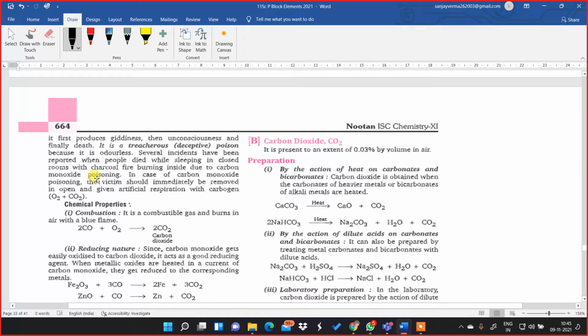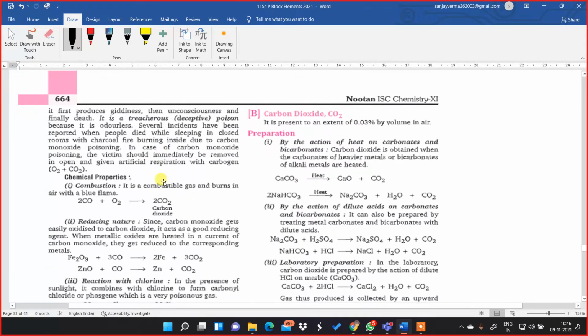Whenever a charcoal fire is burning, there will be carbon monoxide formation for sure. If the room is closed, there are 100% chances that the person in the room will get poisoned by carbon monoxide and die. You have to remember these hazards.